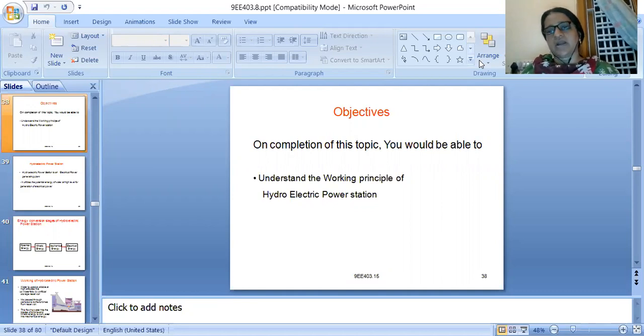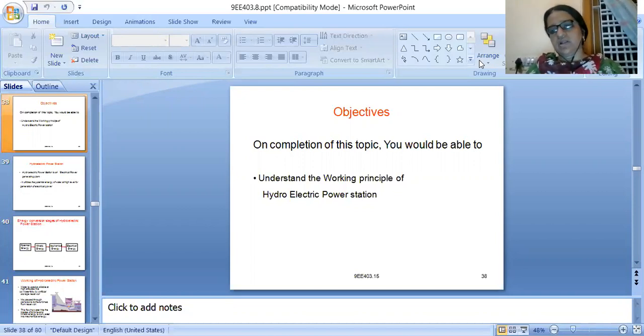This is happening in a hydroelectric power station. In the next slides, I will discuss in detail what all the components are there in a hydroelectric power station, what are its main components, what all you require. Everything we need to deal with, what we learn in hydroelectric power stations, we will see in the next slides.